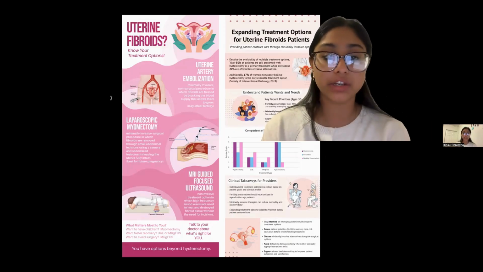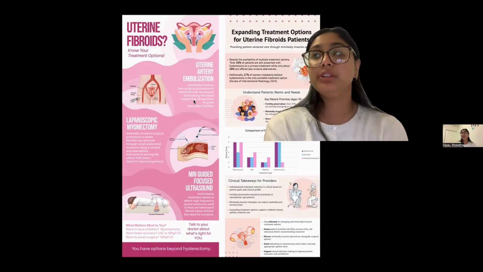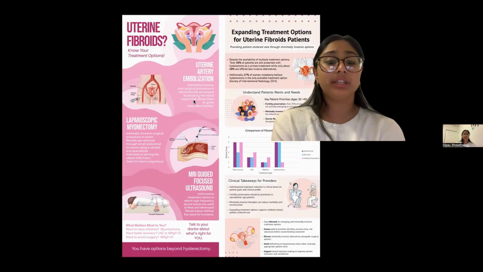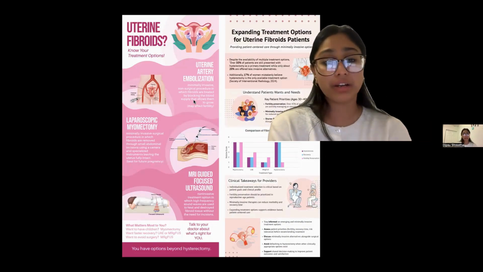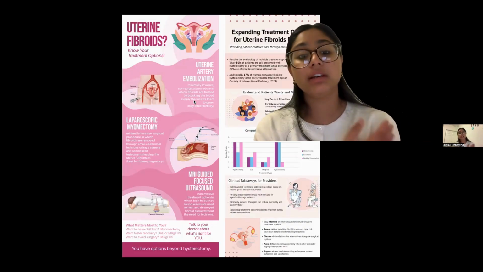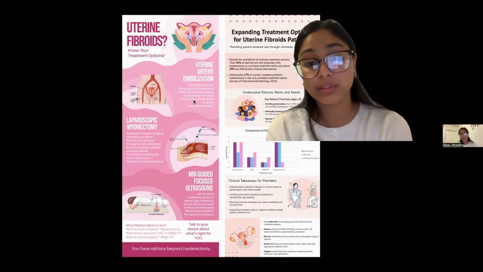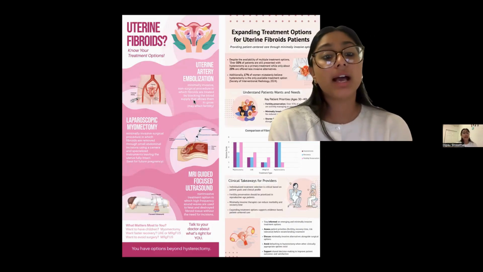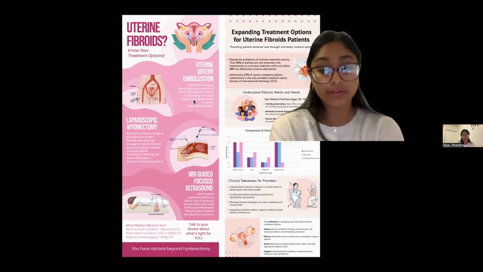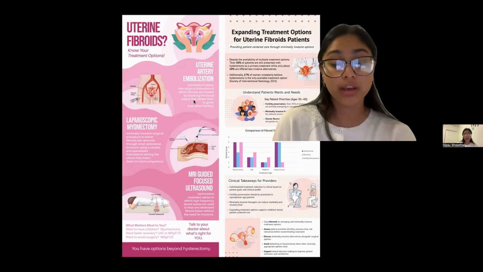Overall, these infographics demonstrate how the same topic can be communicated differently depending on the audience by directly adjusting both the design elements, like the color, the layout, and the visuals, and also the content put into the infographic, such as the type of information, the tone, the level of detail, and the message you want to put forward.